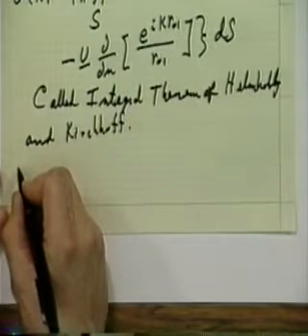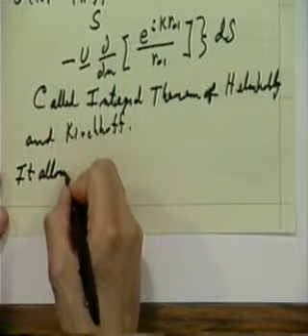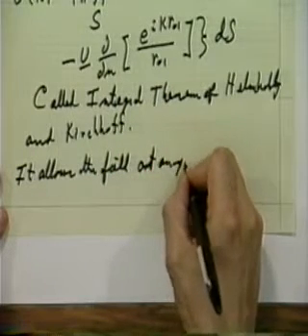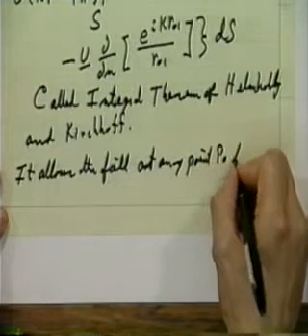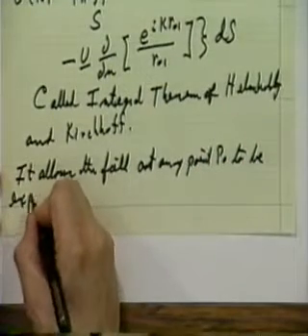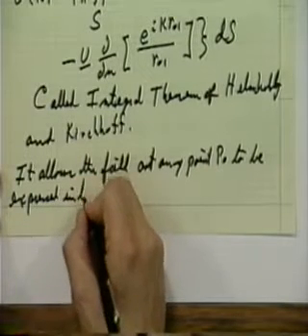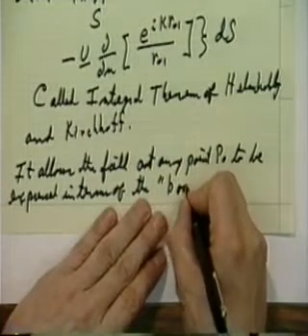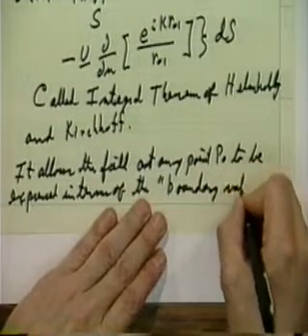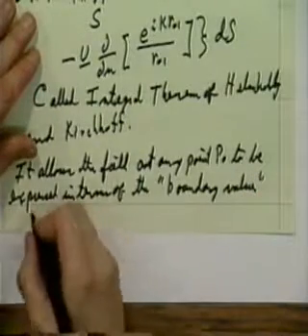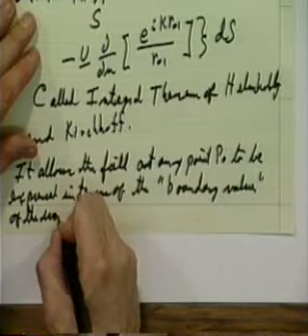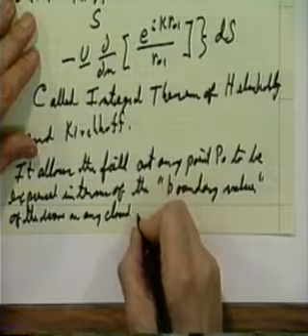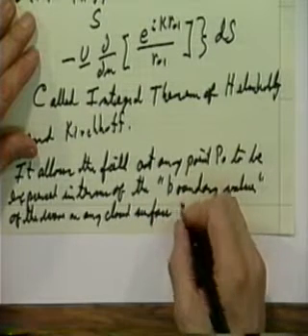So this theorem here allows the field at any point P naught to be expressed in terms of the boundary values of the wave on any closed surface surrounding that point.